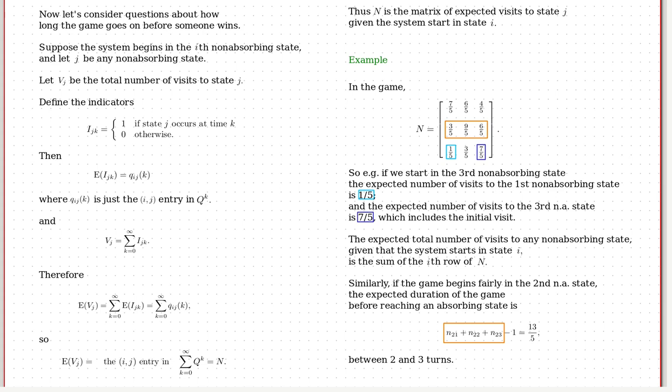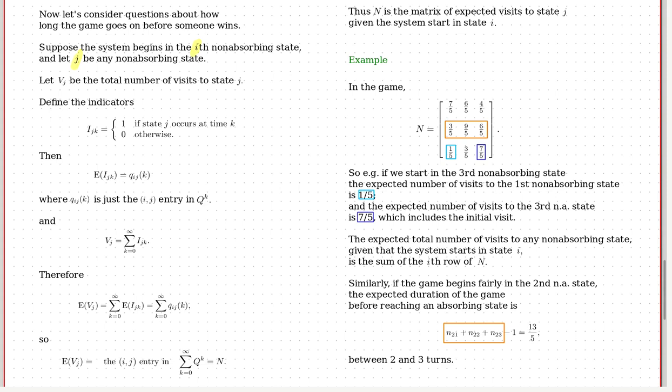If you count the number of visits to the non-absorbing states, that's the same thing as counting the waiting time until you reach an absorbing state. So to think about this, let's fix some non-absorbing state I. So I is going to be fixed throughout this calculation, and J, however, could be any of the non-absorbing states, including the same as I, right?